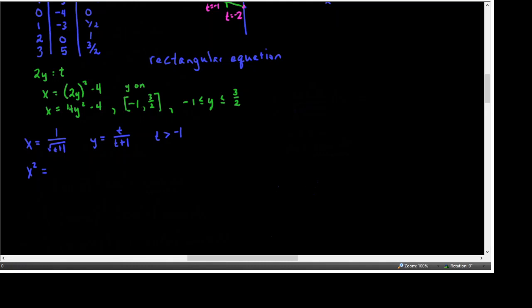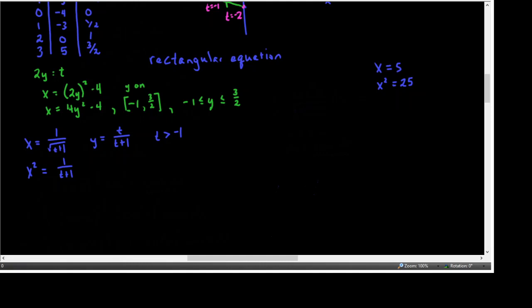Please be aware that when you square both sides of an equation, you might be creating extraneous solutions. For example, if you have the equation x equals 5 and you square both sides, now all of a sudden not only is 5 a good answer, but so is -5. -5 doesn't make the original equation true.